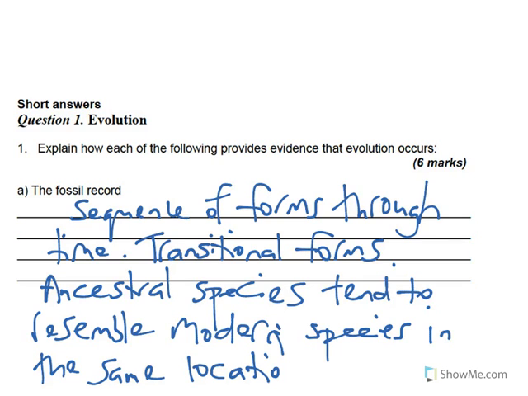So for example, in South America, when Darwin was travelling there in the 1830s, he found fossils of giant creatures, things that resembled modern day armadillos found in the same place, except all extremely giant forms of them.